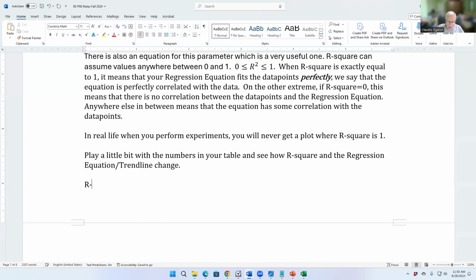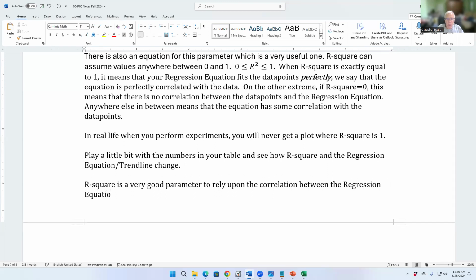Now, R squared is a very good parameter to rely upon for the correlation between the regression equation and the data points in your graph.